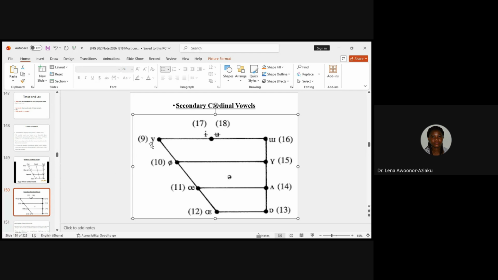This is cardinal vowel 9. It's in French, oui. So when you say yes, oui, that is the vowel. So French is able to have this vowel as a symbol because they know that there is a vowel called cardinal vowel. And when the speakers speak, their vowel can be measured to have this.